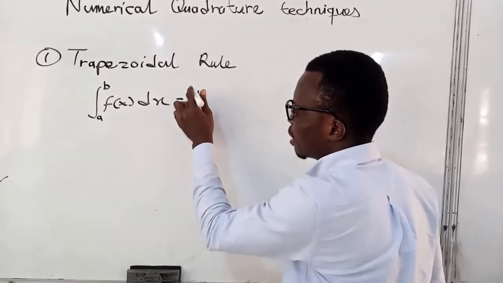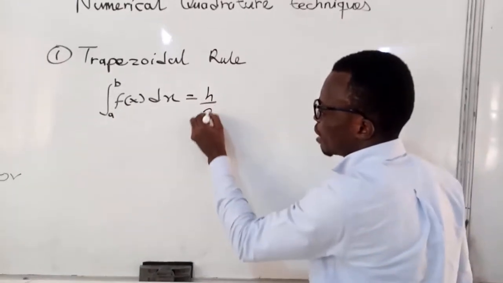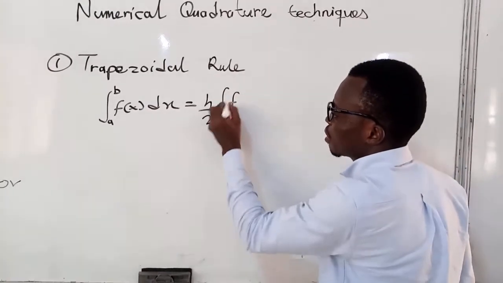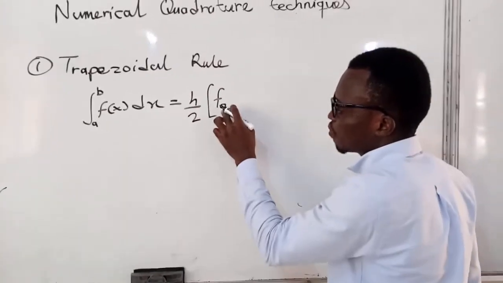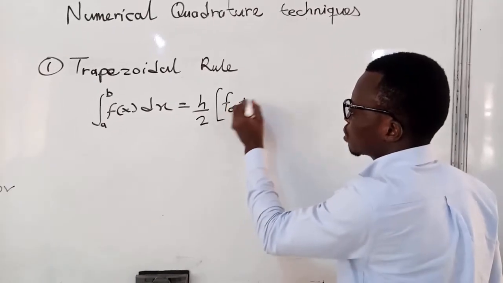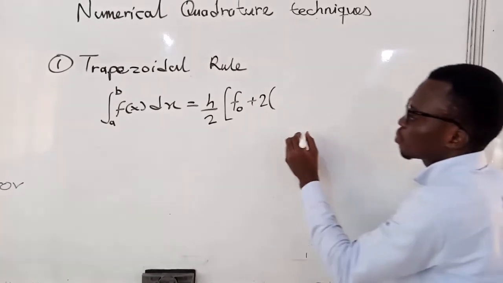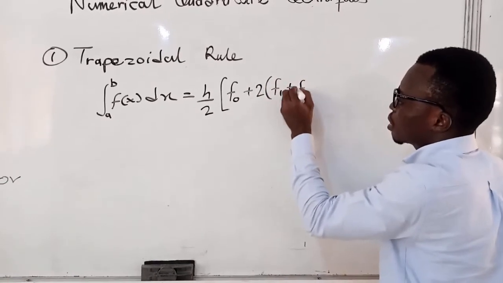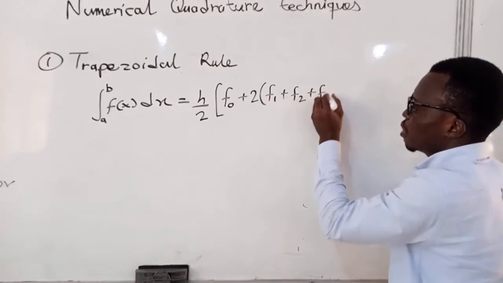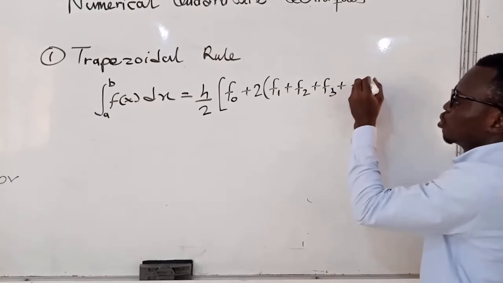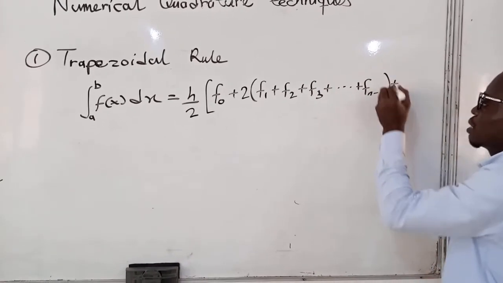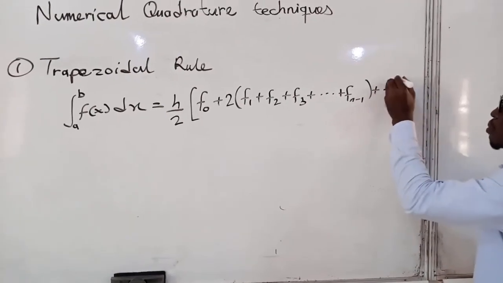as h, which is the step size, divided by 2, times the first functional value, which is f_0, plus 2 times f_1 plus f_2 plus f_3 plus dot dot dot plus f_(n-1), plus f_n.